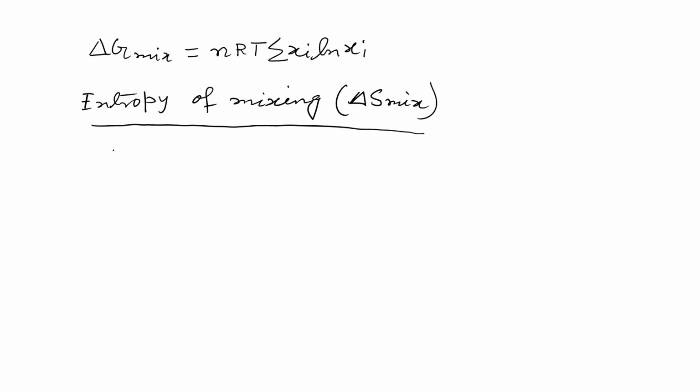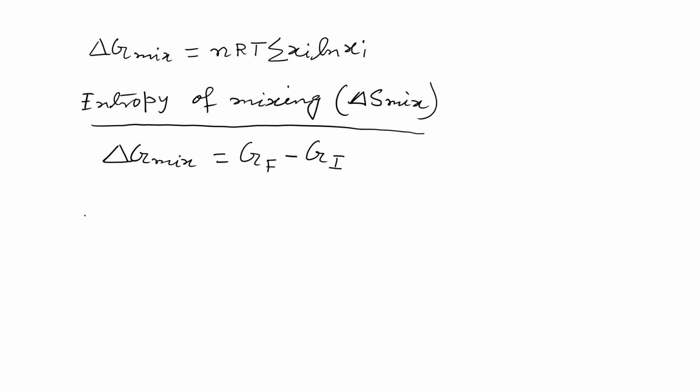Now we start from here. We know that delta G mixing is the free energy in the final state, after mixing, minus the free energy of the initial stage.